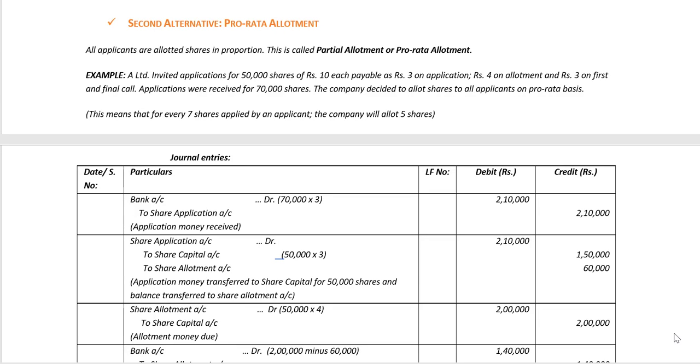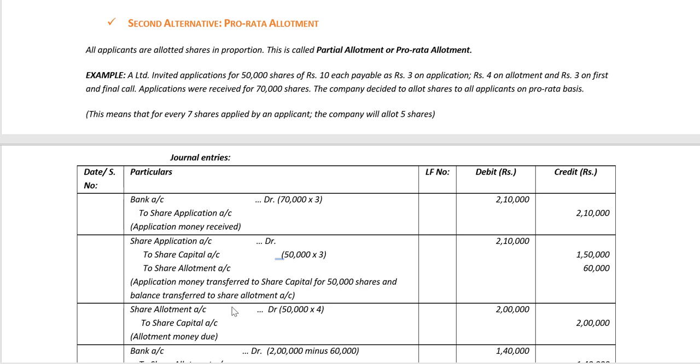The first journal entry, for receipt of application money, bank account debit to share application account, 70,000 shares multiplied by 3, 2,10,000 rupees. Now in the second journal entry, to the extent of 1,50,000, which is 50,000 shares multiplied by 3 rupees, we will transfer towards share capital, and the balance excess application money we will transfer towards share allotment account.